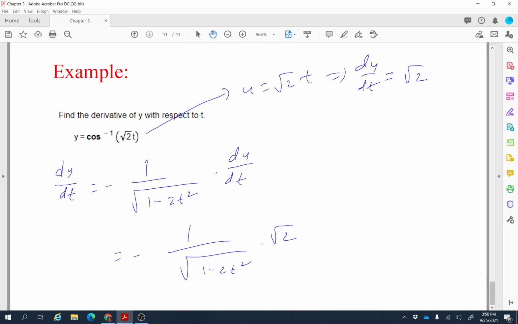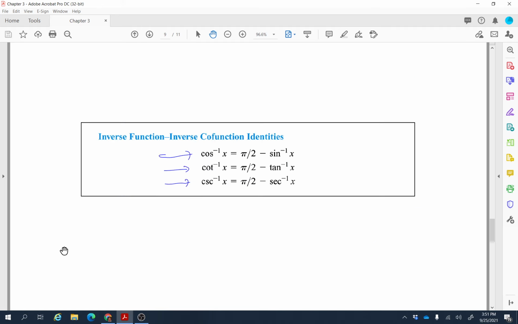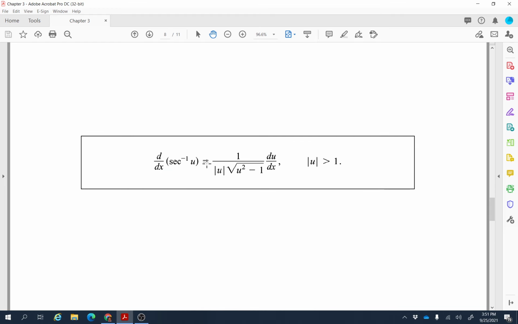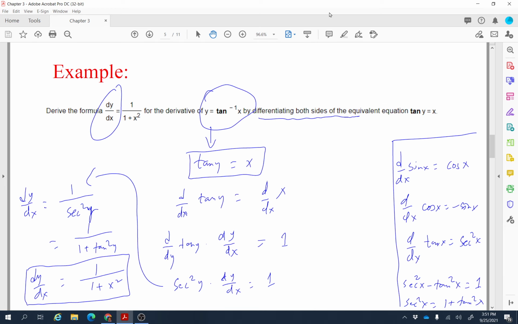So the answer is negative square root of 2 over square root of 1 minus 2t square. Okay, so that's the derivative of an inverse trigonometric function. The main idea is you have to understand these formulas, you have to know how to find these formulas, and just follow the explanation I gave you here.